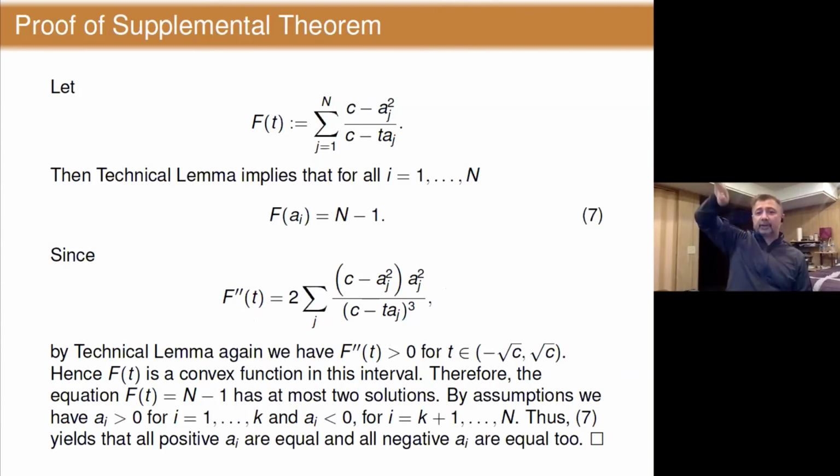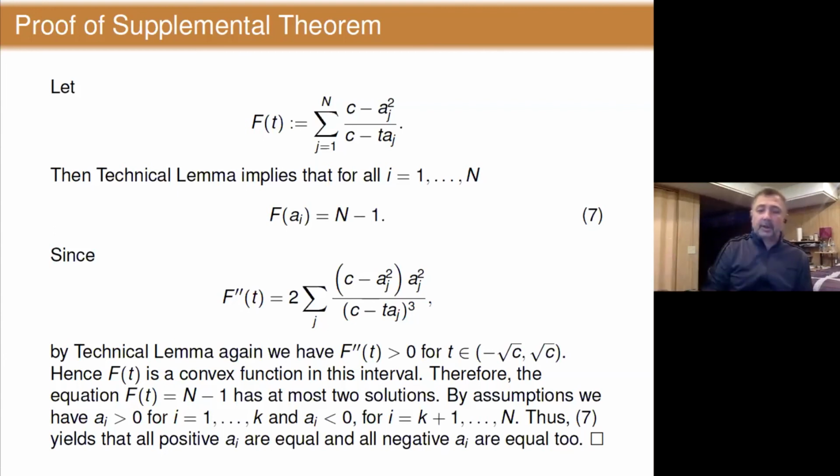And this is a fundamental observation that I want to credit to Oleg, that a convex function that takes on the same value can only do so at two values, all right? And that is why you end up with all of the positive a's being the same and all of the negative a's being the same.